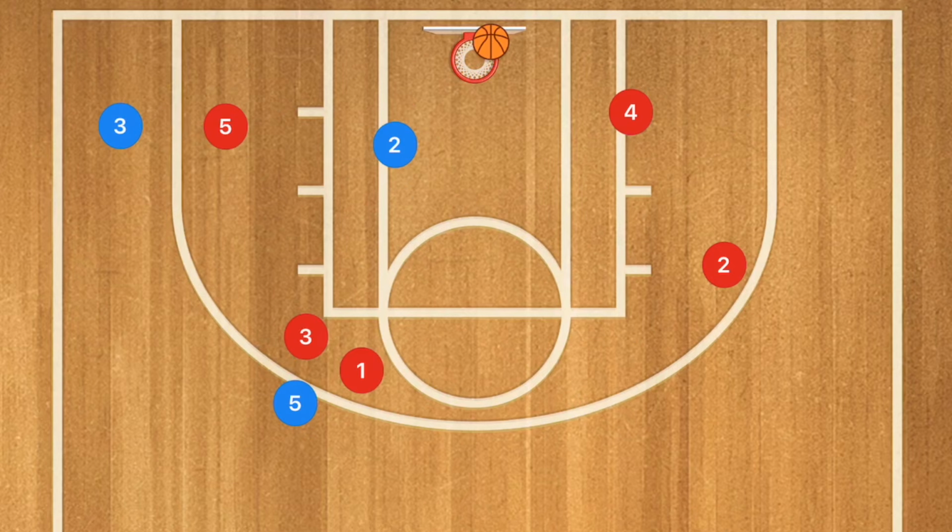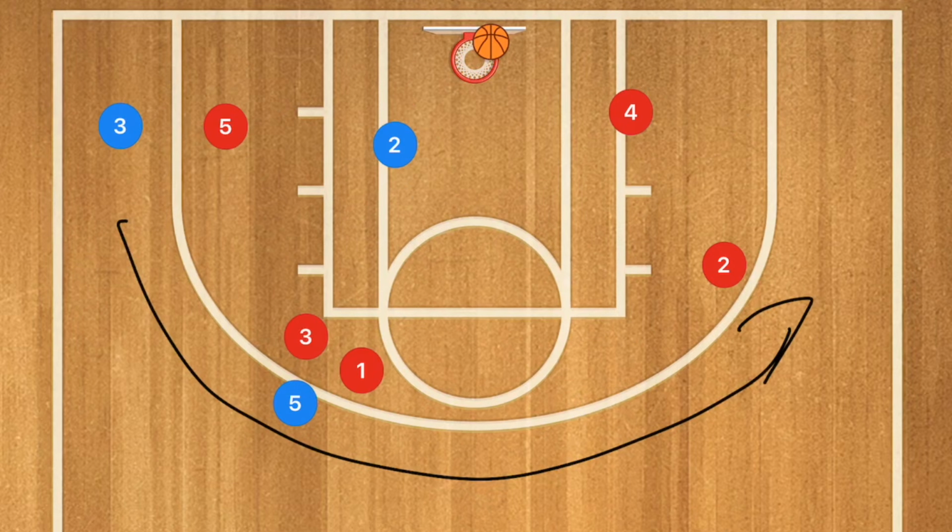And especially when you start swinging the ball from one side to the other, that's going to allow you to move that zone defense and open up even bigger gaps so that now you can get deeper into the zone. And one of the easiest ways to beat a zone defense is by attacking the gaps.